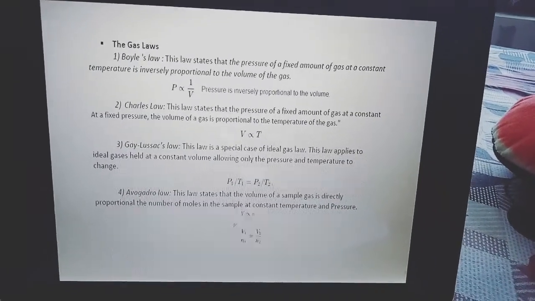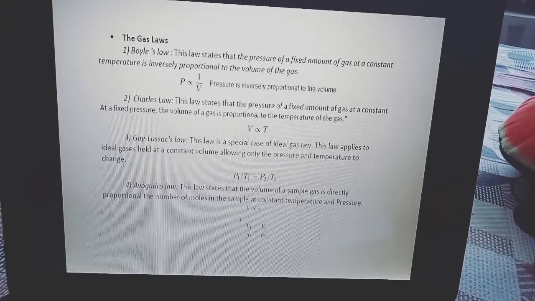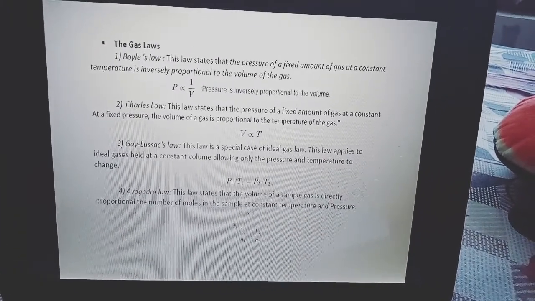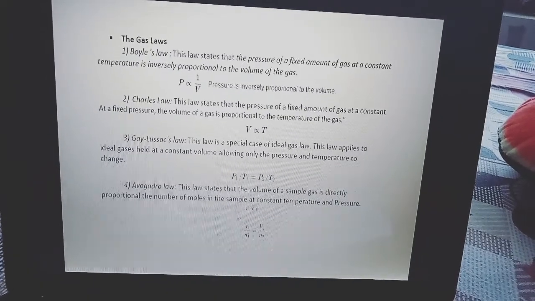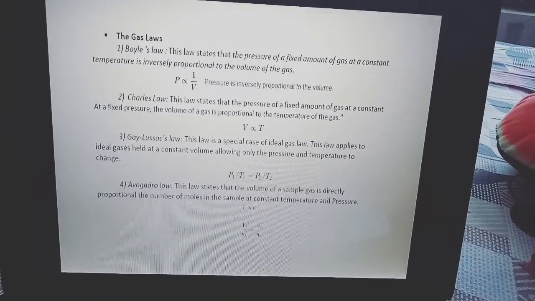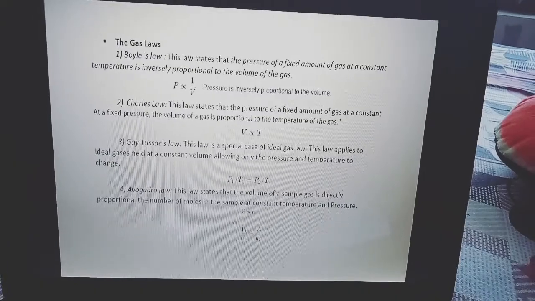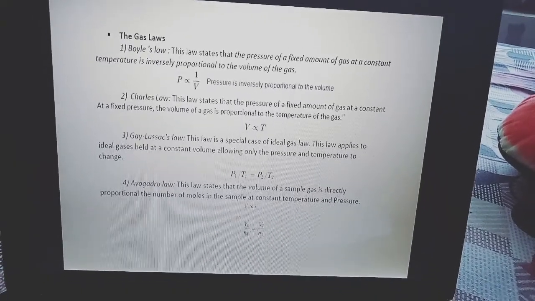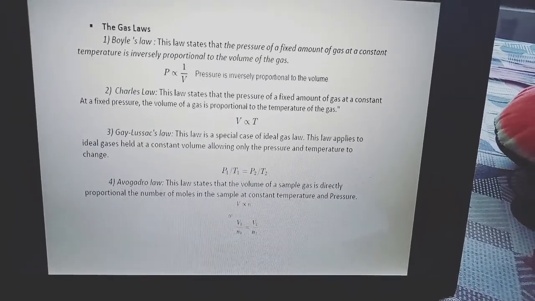Third is Gay-Lussac's law. This law is a special case of the ideal gas law. This law applies to ideal gases held at constant volume, allowing only the pressure and temperature to change. Means P1 upon T1 is equal to P2 upon T2. Fourth is Avogadro's law.